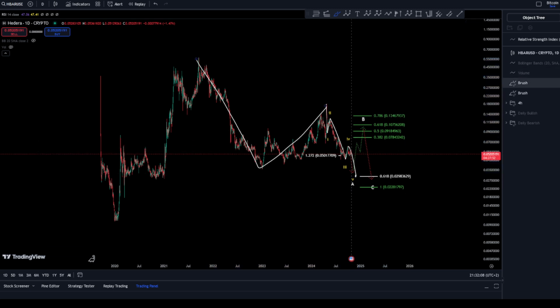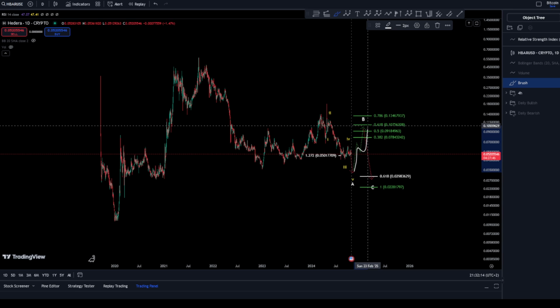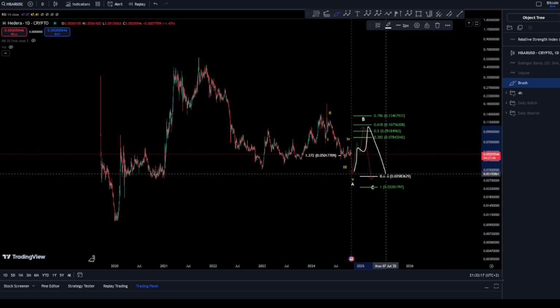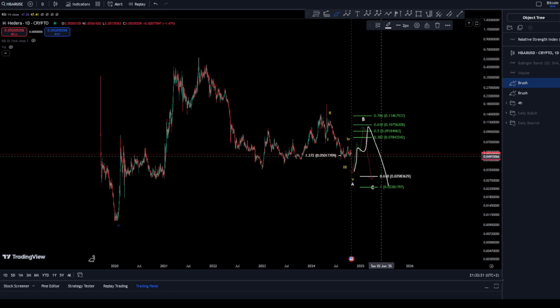Now, of course, the question is, is it a longer correction? So are we going to get another 3 waves towards the upside and then finish again as a zigzag with WXY? That is going to be our next task to figure out, guys.